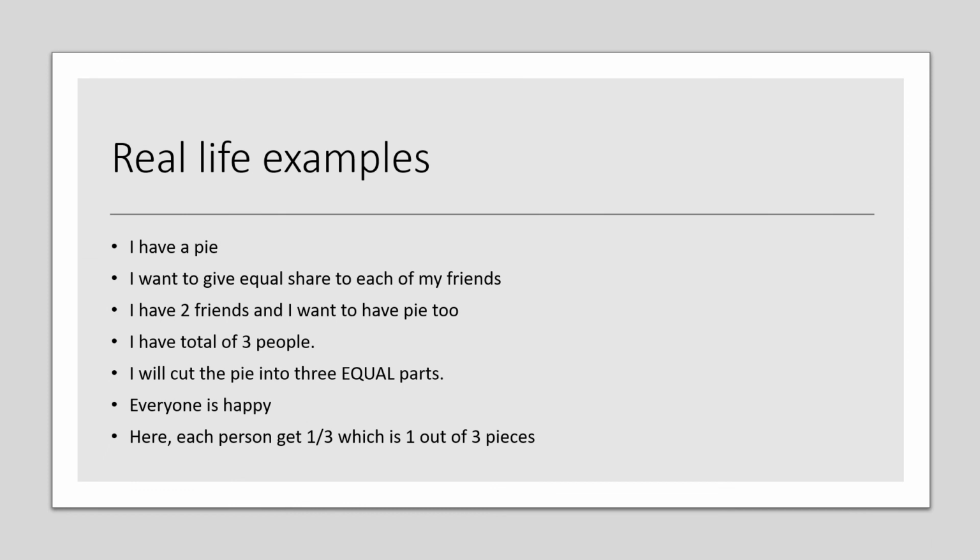So a real life example in which you use fractions is, suppose you have a pie and you have some friends. I have 2 friends and I also want to have pie. So we have a total of 3 people. So we will cut the pie into 3 equal parts.